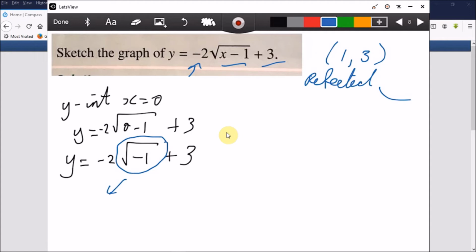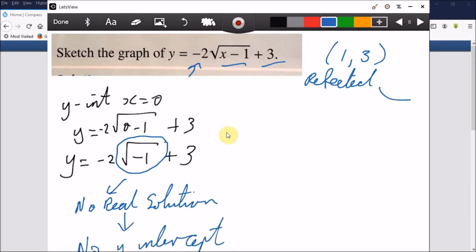And so square root of negative 1, there's no real solution. So what that means in terms of our graph is we have no y-intercept. Okay. All right, so when we get to sketching the graph, I'll talk a bit more about that.